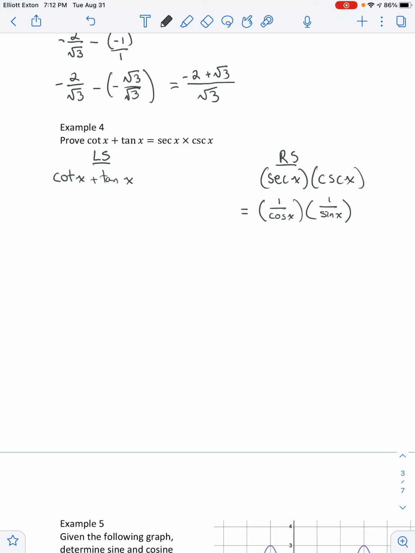So cotangent x and tan x, I can apply my quotient identity to these, recognizing that tan x is equal to sine over cos. And the cotangent x is the reciprocal, so the quotient identity and the reciprocal identity applied at once to cotangent x gets us cos x over sine x.